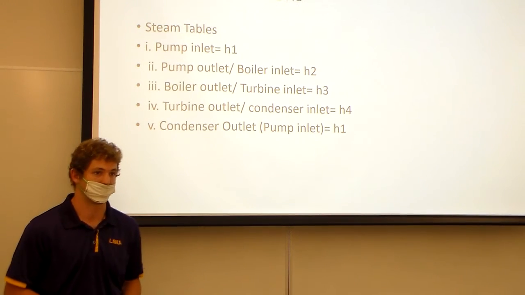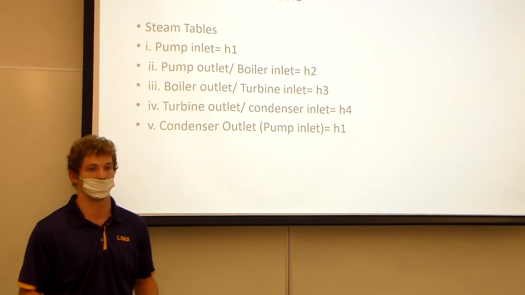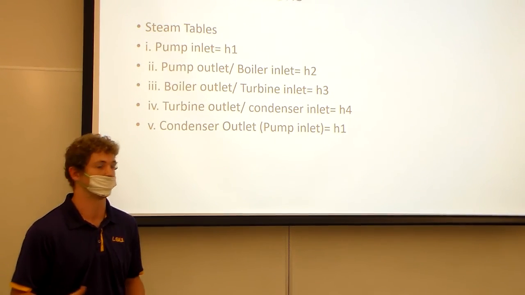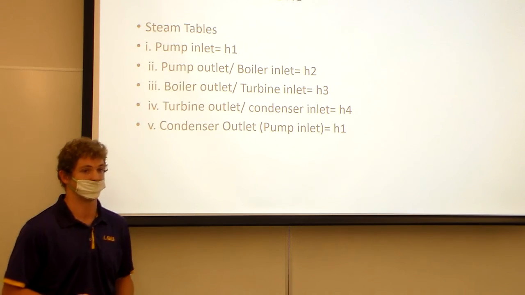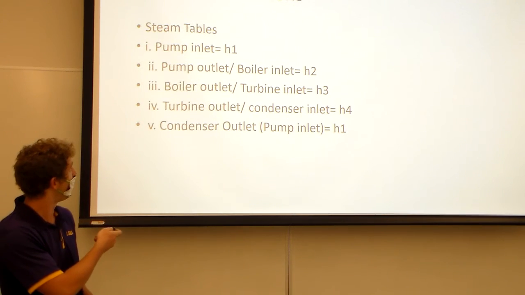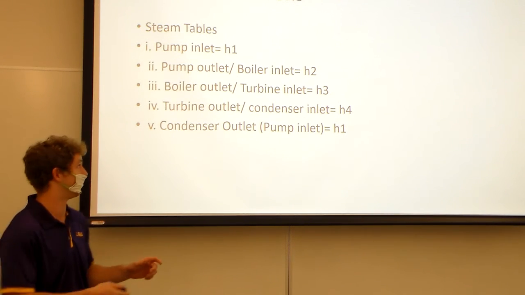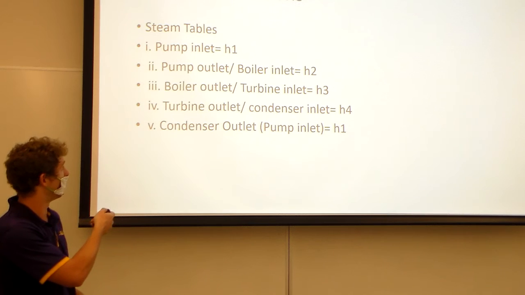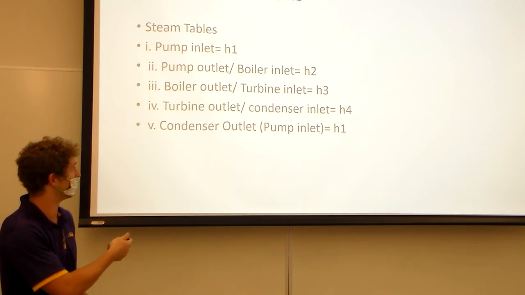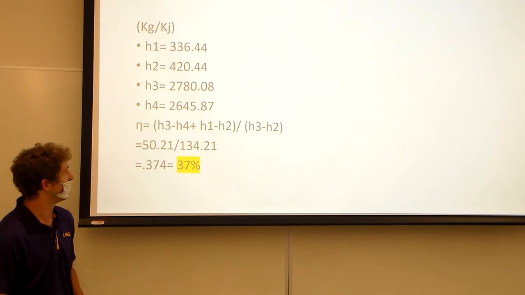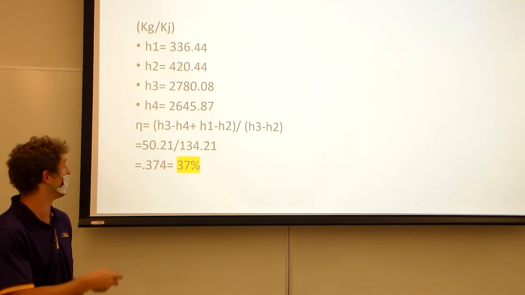So the sample calculation from this lab that we're going to perform, or what we would perform if it was running, is you get information, and then using the steam tables, you can find the H values for the different pump variables. Looking through my thermo book, I found some experimental H values.